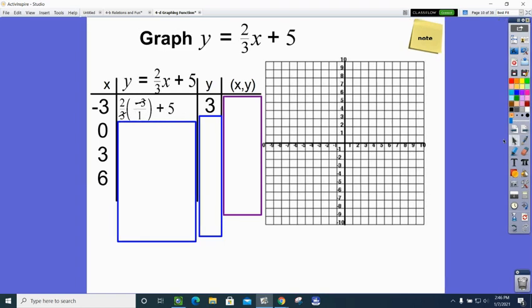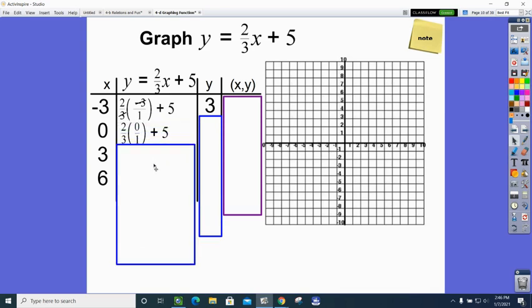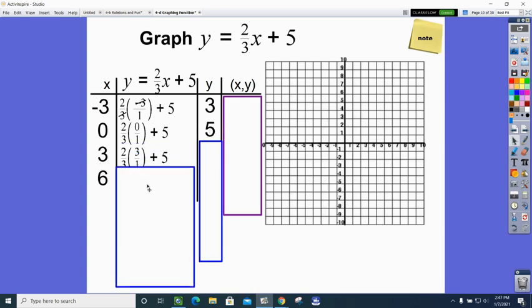So what I want you to do right now is see if you can get the next 3 outputs. Okay, 2/3 times 0. I love 0. When you multiply by 0, it becomes 0. So 0 plus 5 is 5. Now, here's where this pattern might help you guys, okay? Let's see. So we're going to take 2/3 times 3.